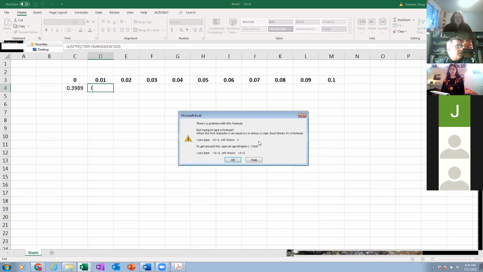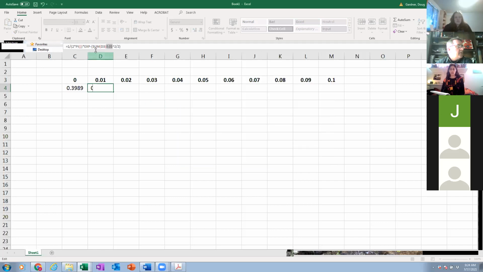Okay, no, I didn't do the square root. I forgot the square root over there, so I've got to go type that in. So it's exp. Maybe I need parentheses around that. And the divided by 2 is not part of the squared.